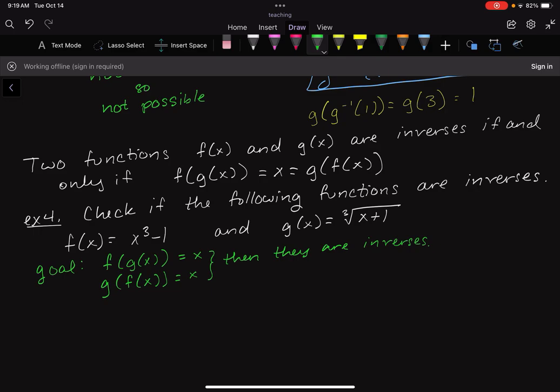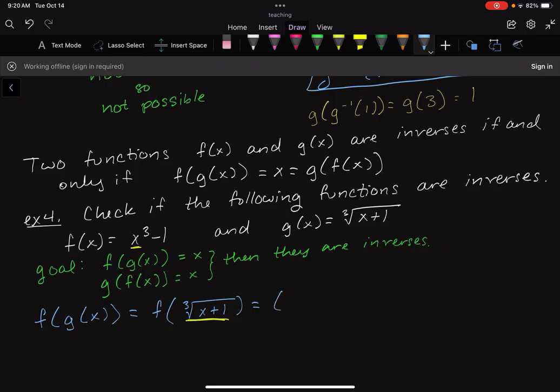All right, so we start off, we're going to do f of g of x. So this means I'm plugging g of x into my f of x. I'm plugging in the cube root of x plus 1 into my f function. So everywhere I see an x, I'm going to replace it with this parentheses.